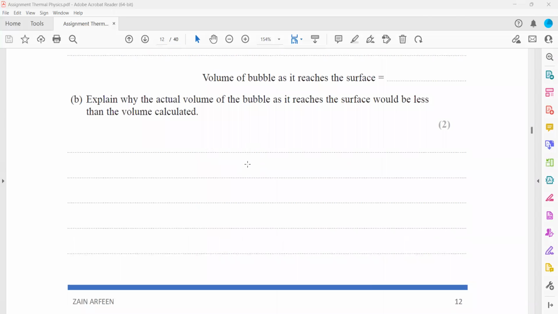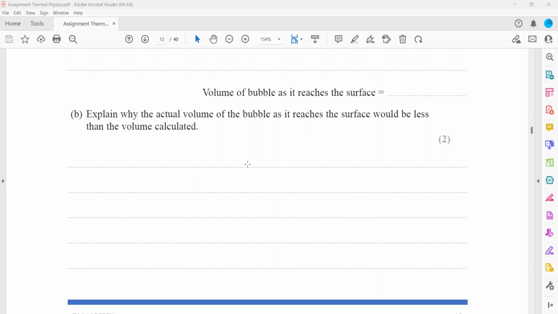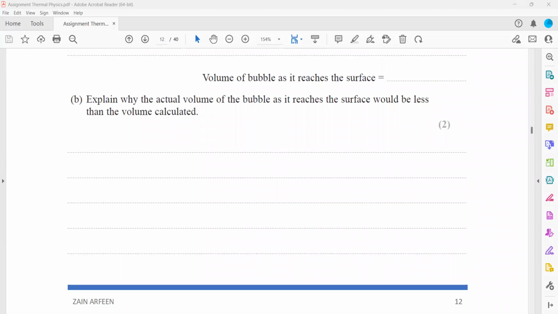Explain why the actual volume of the bubble as it reaches the surface will be less than the volume which we calculated. So what might be the reason for that? Why will the actual volume be smaller? Because we took the temperature of the surroundings, not the temperature of the bubble.